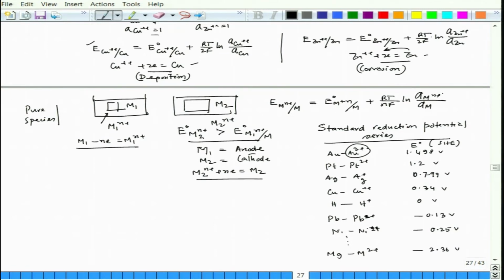So, for example, if this concentration is 1, this activity is 1, then of course the potential of that particular electrode would be the same as the standard reduction potential, because this ln part would be 0 if the activity of metal ion concentration is 1. So, like that way we can find out these values.